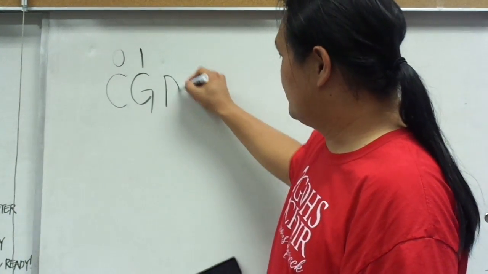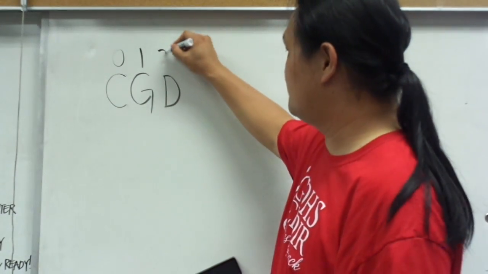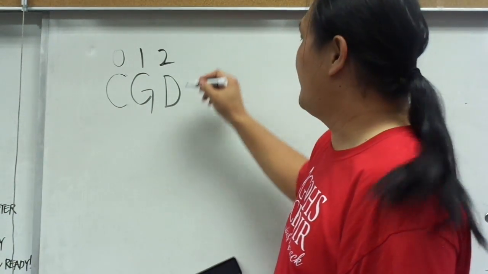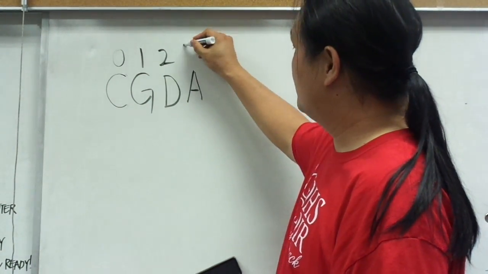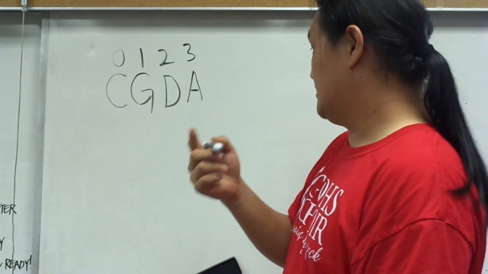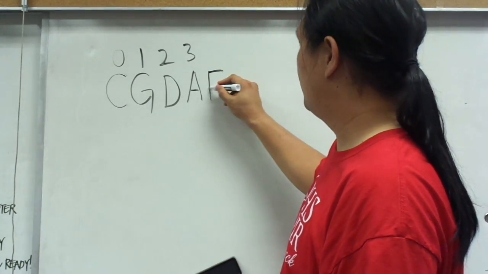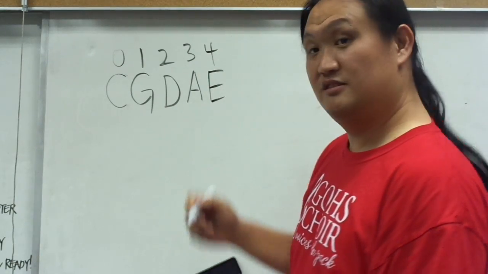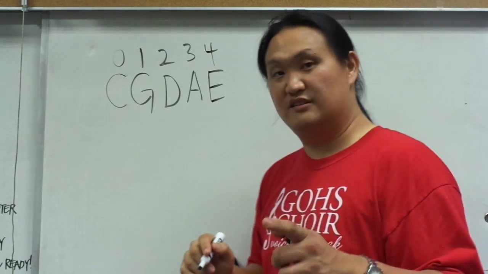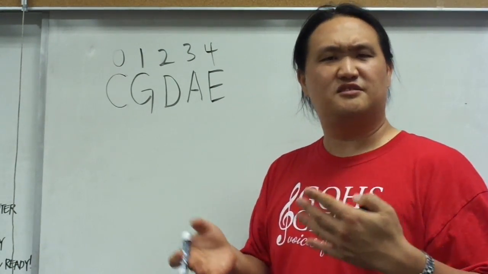D, 1, 2 strokes, so you have 2 sharps. A, 1, 2, 3 sharps. E, 1, 2, 3, 4 sharps. B, again, this is a memorization thing.